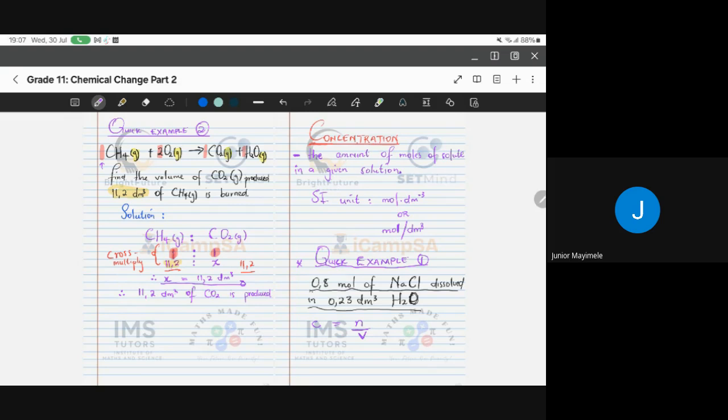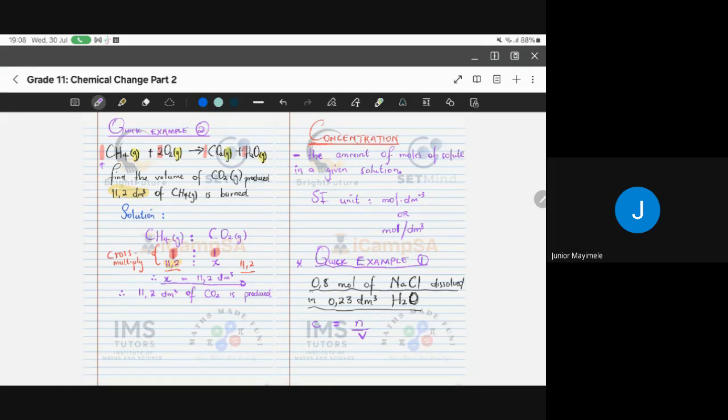C is equal to N over V. Now, what you might also find in other textbooks is C equals m over MV. What they did there is substitute the N from this formula. They took this and substituted it here. That's why you get this. But for now, for this example, let's not worry about that. But that's where that formula comes from.